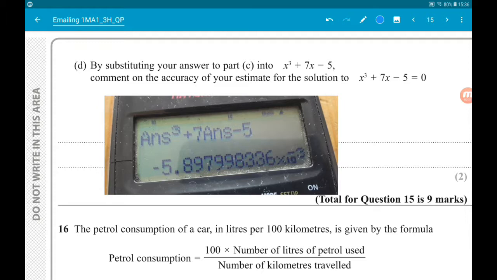So the whole point of iteration is trying to find a value of x that makes equations equal 0. So if you put our answer in from part C, here's a nice way to do it. Put in the answer, press equals, and then again use the answer button. Wherever there's an x, put in answer.